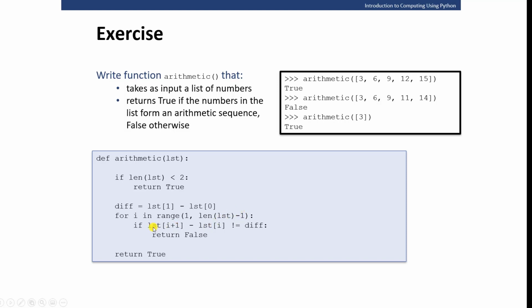Okay, so what does that mean? If the difference in each consecutive pair is not equal to the difference of the first pair, we're going to return false. Otherwise, we're going to return true.